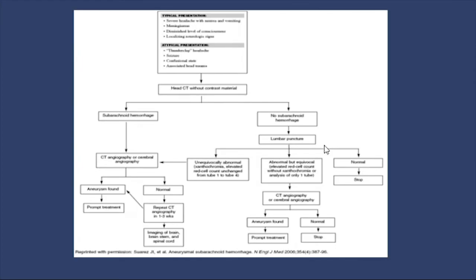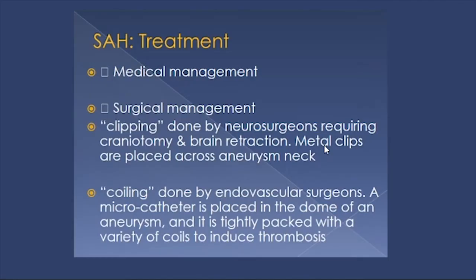Actually, I don't know the sensitivity of CT angio, because CT angio will pick up to around 92%. MRA will pick up to 72%. I don't know where the figure for CT angio comes from, because the gold standard is DSA.